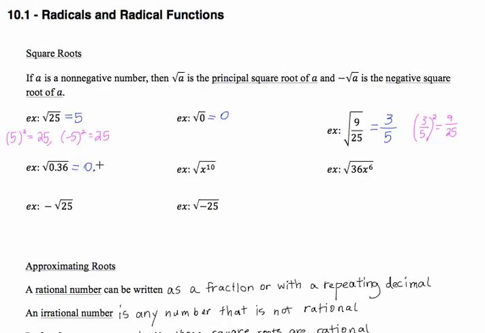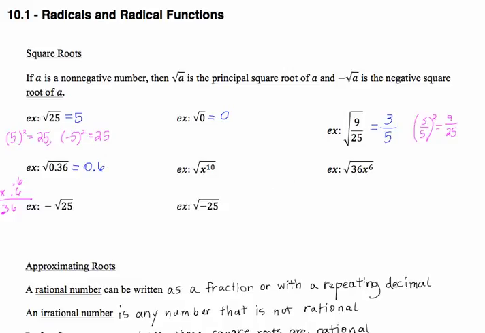Let's try 0.6 and check our answer. If we square 0.6 and multiply it times 0.6, remember you multiply the numbers, so you get 36, and then however many decimal places there are, that's how many units you move over your decimal. So that does in fact equal 0.36, therefore the square root of 0.36 is 0.6.